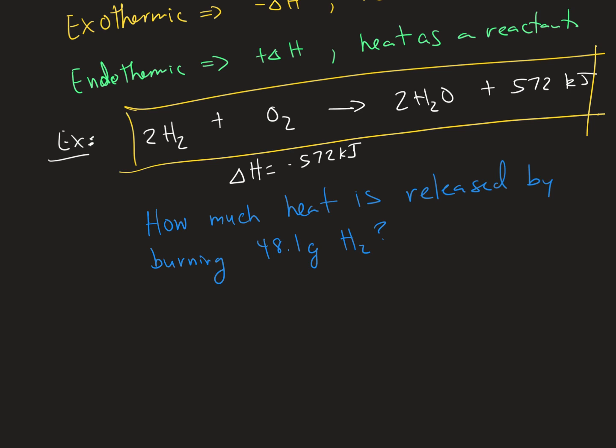We have a balanced equation. That step's done. Make sure we always do that. This is stoichiometry, guys. Still doing it. And we're going to do it for the rest of the semester.